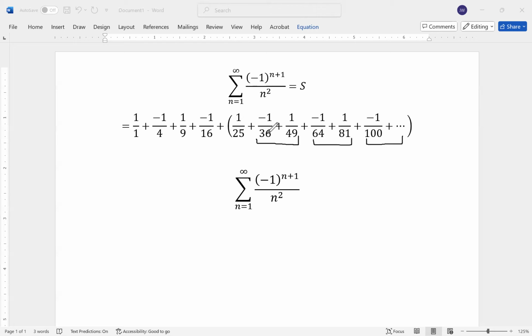This pair is going to add up to a negative value. This pair adds up to a negative value. Then the next pair will add up to a negative value. So this is going to be 1 over 25 plus a negative plus a negative plus a negative. In other words, it's going to be less than 1 over 25.